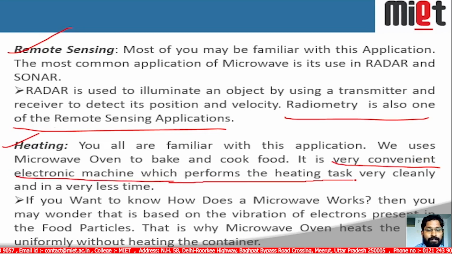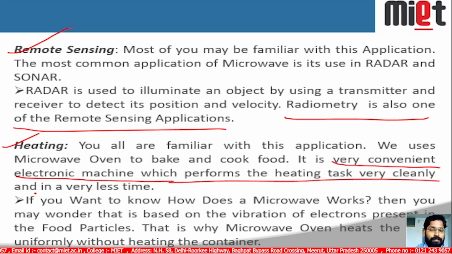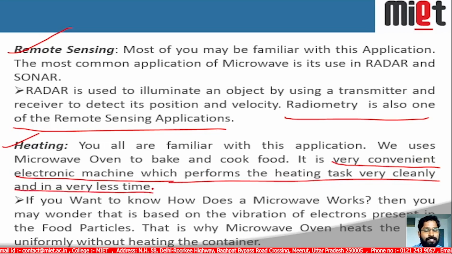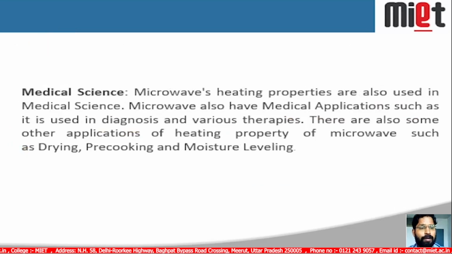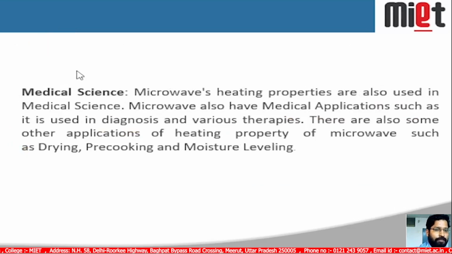It performs the heating task very cleanly and in very little time. With the help of microwave, we also cook food. If anywhere heating is needed, we can generate it with microwave frequencies. It is also used for medical applications, medical sciences.